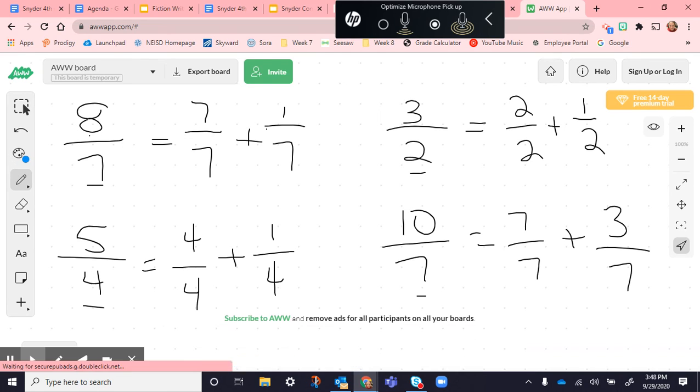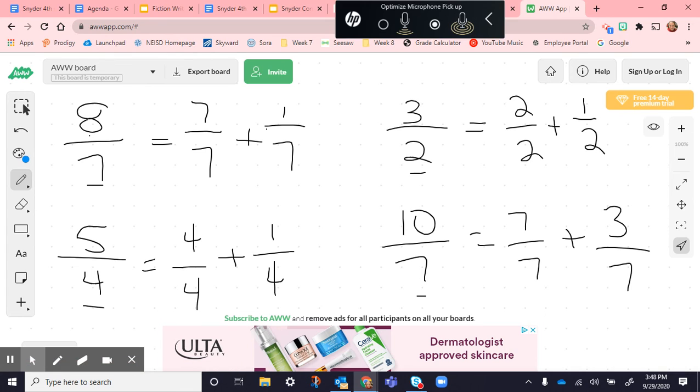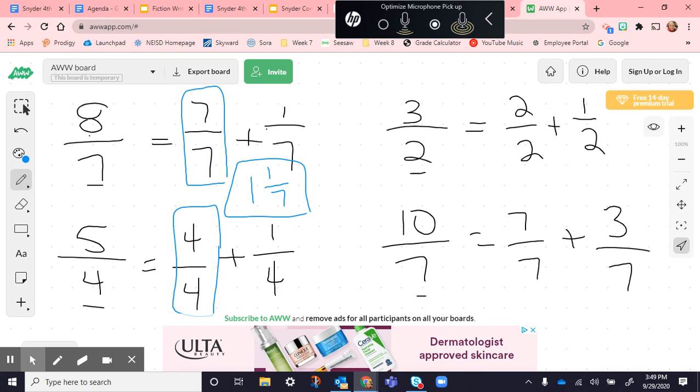When I want to write these as a mixed number, I'm going to take this one right here. This is the whole, 7 over 7. That means all 7 parts are shaded. So that's the same as 1 whole and 1/7. That would be my answer written as a mixed number. Here, 4 over 4, this is my 1 whole. I'm going to box it.